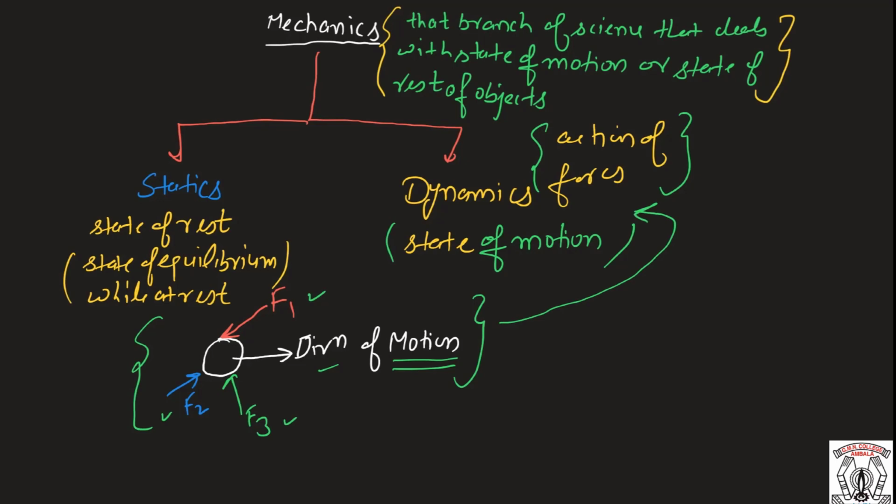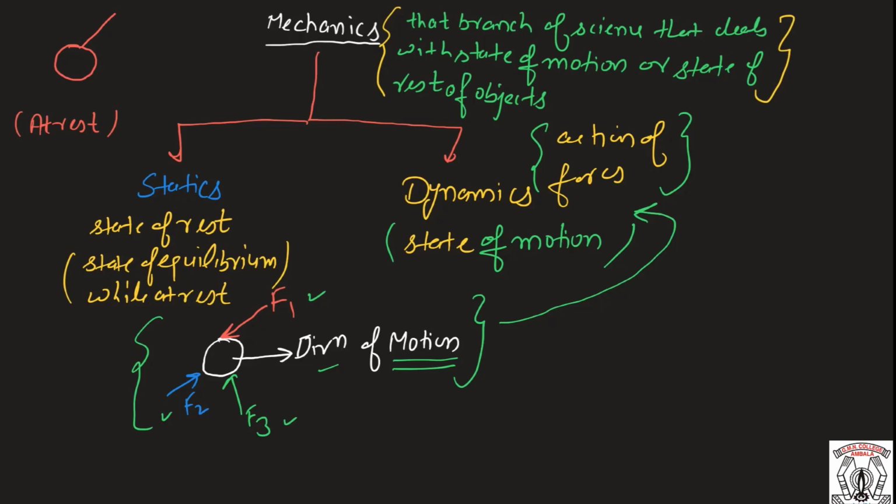So what about statics? Let us say we have another ball, and this ball is at rest. At rest could be possible if no force is acting, so in that case there is nothing to study.